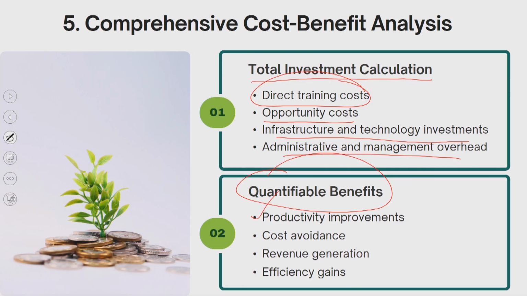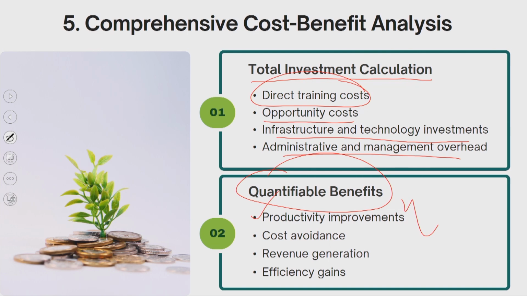Let's take an example to understand this. A customer service training program might increase call resolution rates from 75% to 85%, directly impacting operational efficiency. This is what I'm trying to ascertain when talking about productivity improvement.